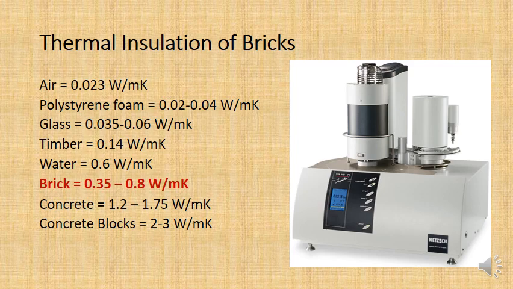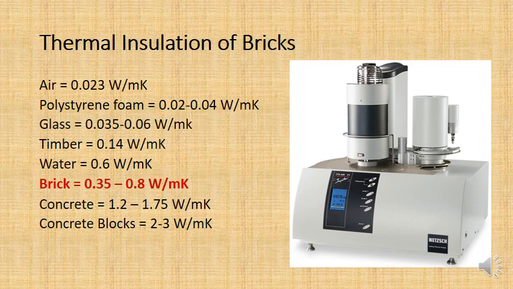That's why things like cavity walls or double glazed windows, where they have a layer of air, are very good at insulating. Polystyrene foam is another thing which has very good insulation. Of course, glass is another one. But timber, it's pretty good.